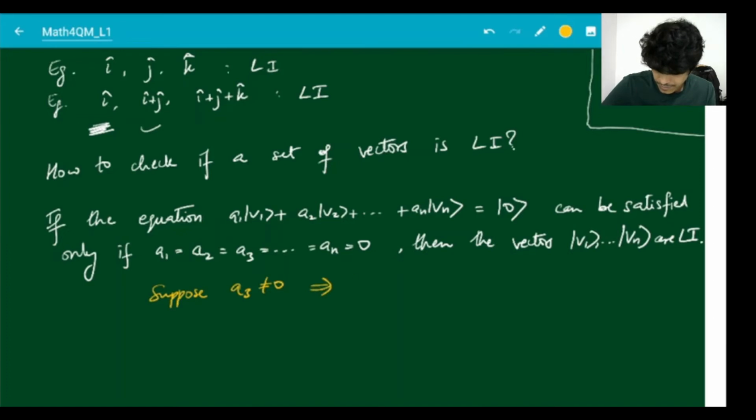I could have said that v3, I'll just take all the other vectors on that side, is 0 minus a1 v1 minus a2 v2 minus a4 v4 all the way till an vn, divided by a3.